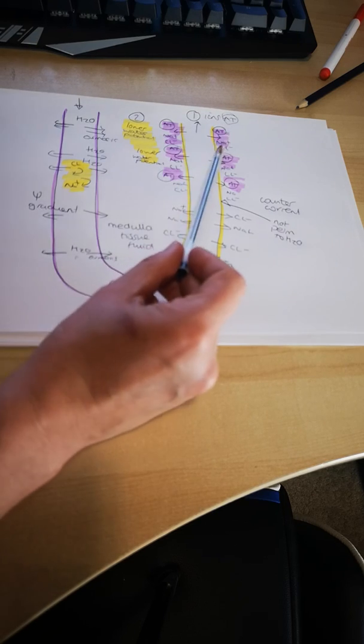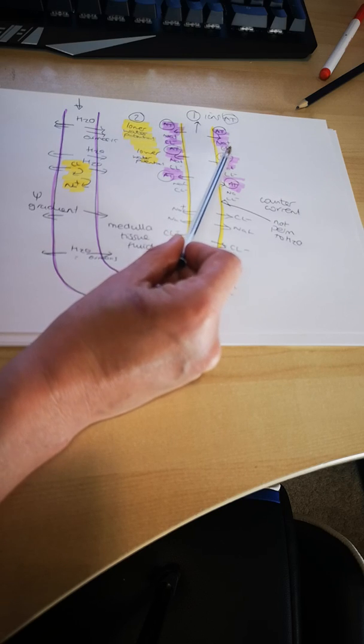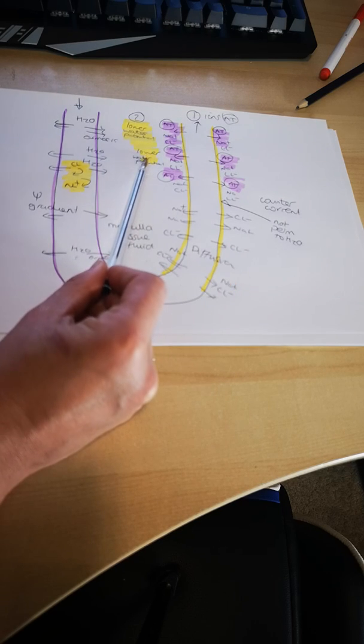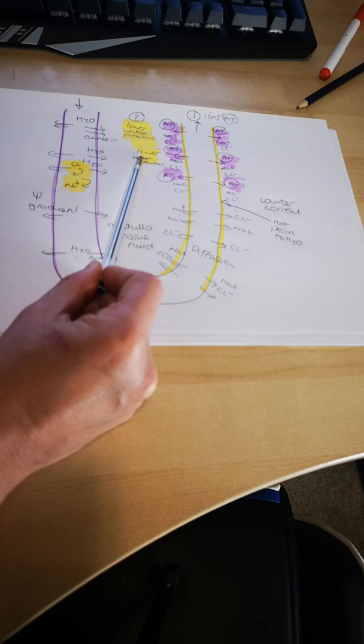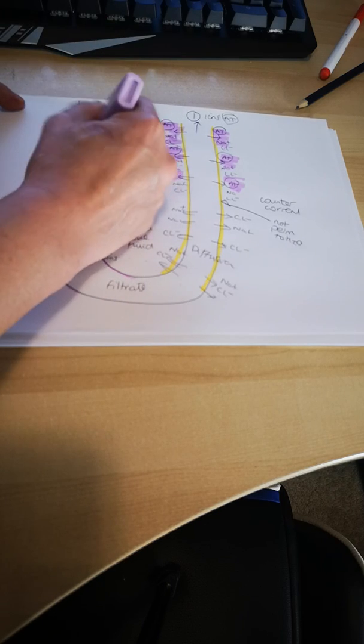Okay, so ions are actively transported out at the top of the ascending limb. This lowers the water potential in the medullary tissue, so that the water potential in the medulla is lower than the filtrate. Third mark point, therefore, water moves from the filtrate to the medulla by osmosis.